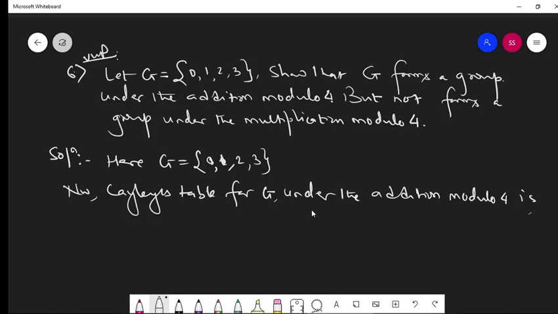Firstly, we have to arrange the table in this way.